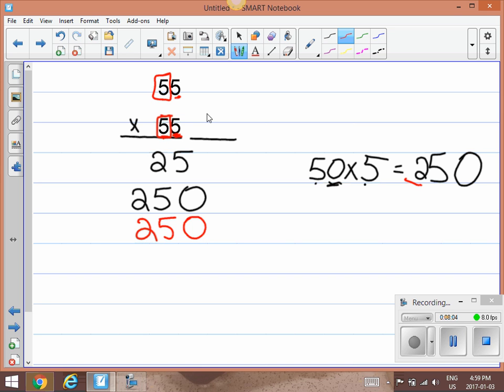Both of those 5s are in disguise. They are not actually 5s. They are 50s. So we're multiplying 50 times 50. 5 times 5 is 25 and 2 zeros.